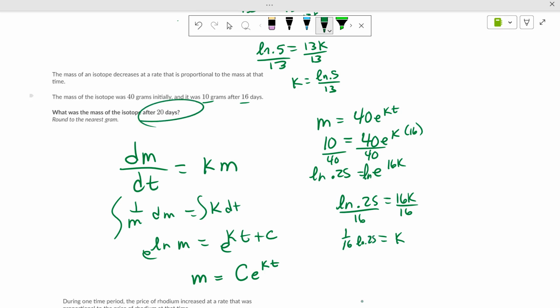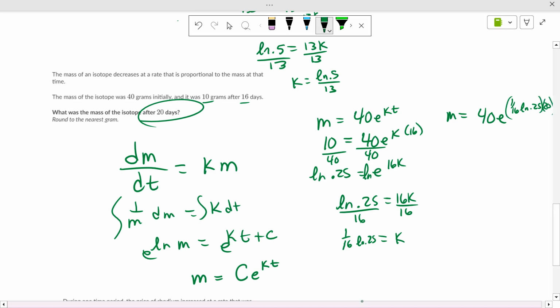So after 20 days, what will it be? So the mass equals 40 e to the 1/16 ln of 0.25 times 20. So m equals 20/16, which is 1.25 ln of 0.25.